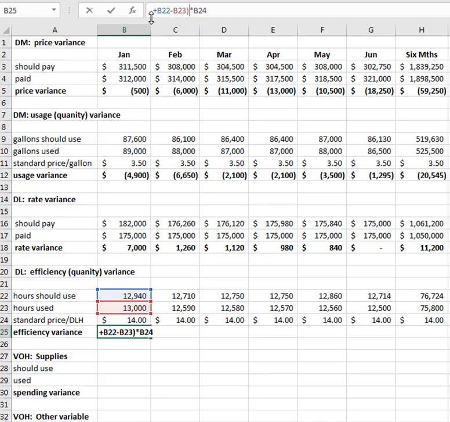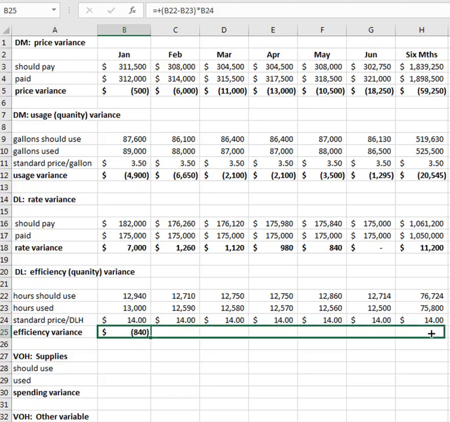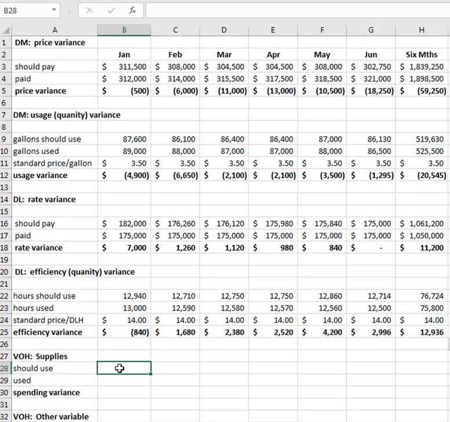And we'll put our brackets around that. And then pull that over. And just inspecting that, it looks like it was unfavorable in the first month, and then it got quite favorable. So they seem to be able to put the kefir and the cheese together a little faster actually than what you initially thought. So a little bit of good news there.